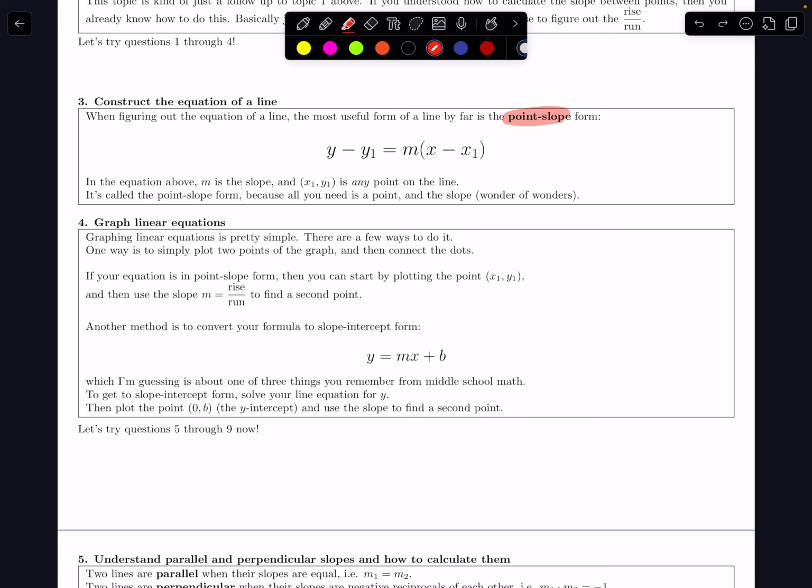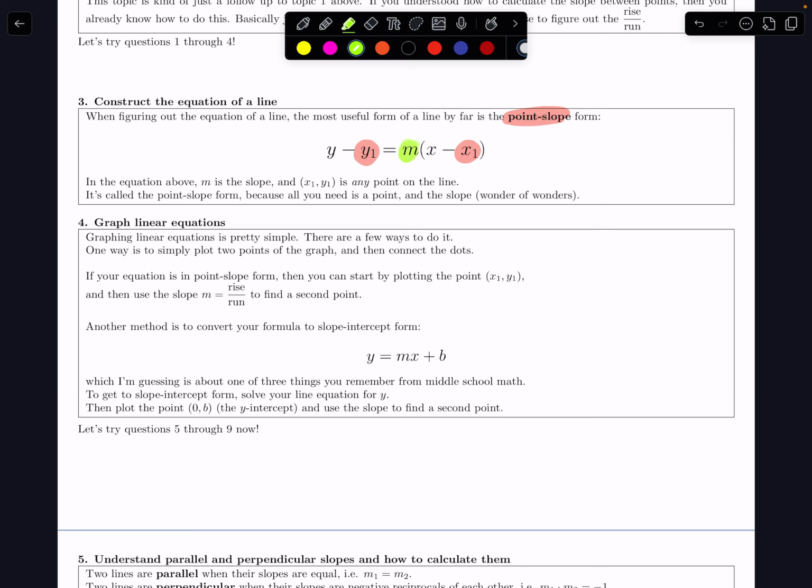It says y minus y1, where y1 is the y coordinate of a particular point, is equal to m times x minus x1. So x1, y1, that's the coordinate, and then the slope is the m. So you just put your line into that format, and the equation is kind of built in for you already.